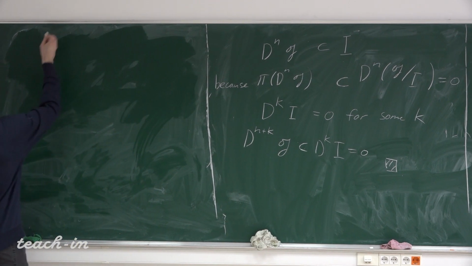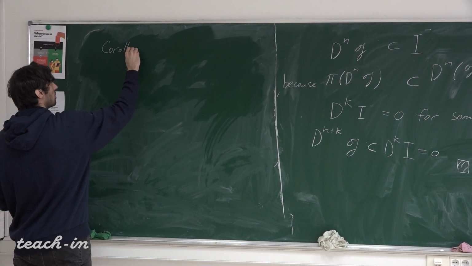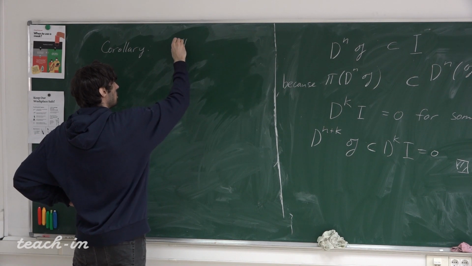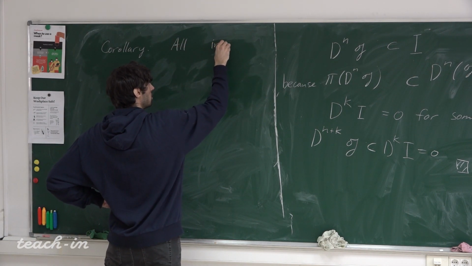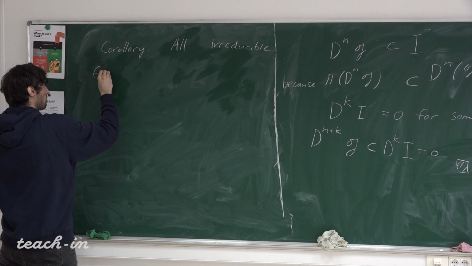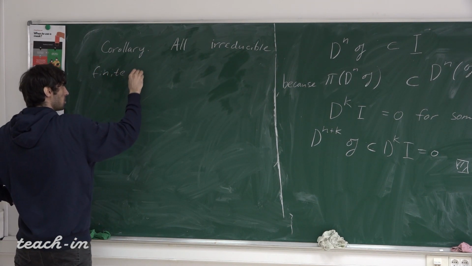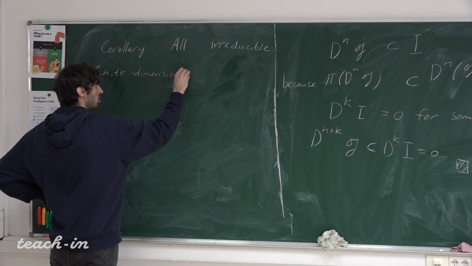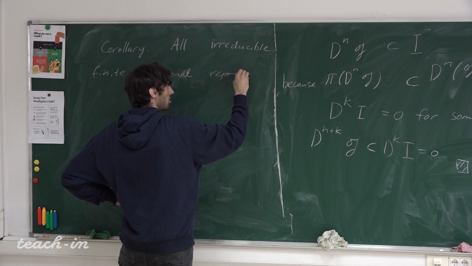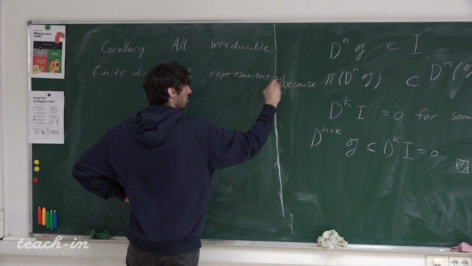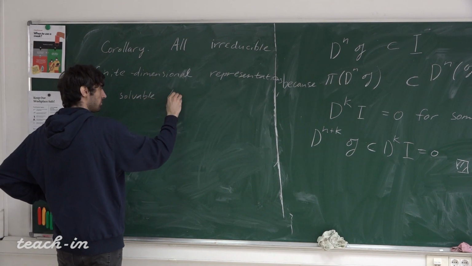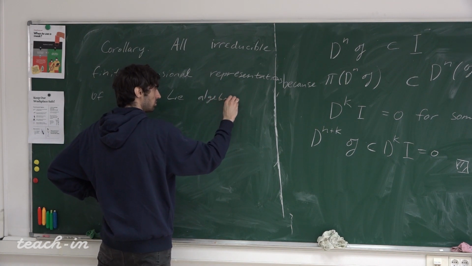So, corollary: all irreducible finite dimensional representations of a solvable Lie algebra are one-dimensional.